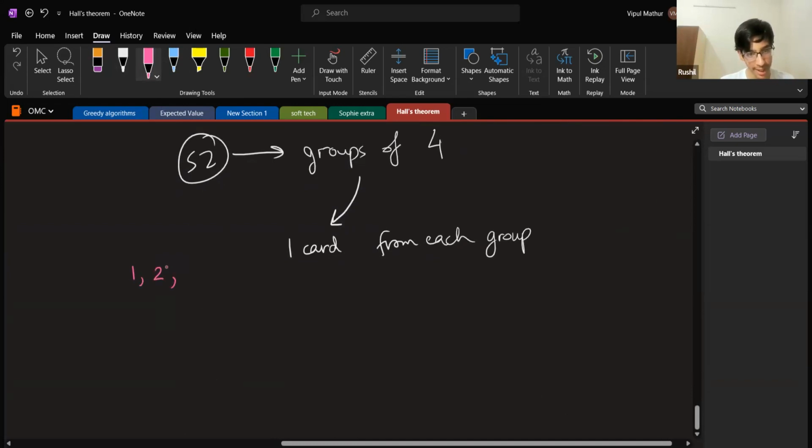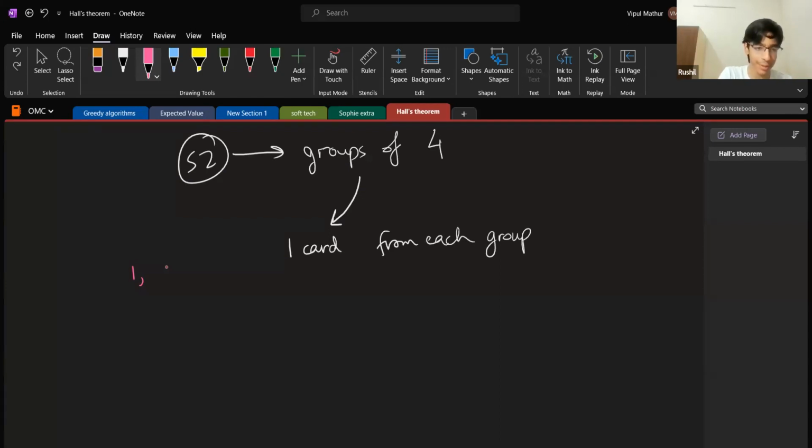I'm not going to write everything down, but maybe instead of 13, I can show you with 4. Or 5? Is 5 too much? Let's do 4. So now you have 1, 2, 3, 4, four times. And I'm going to put these into groups.